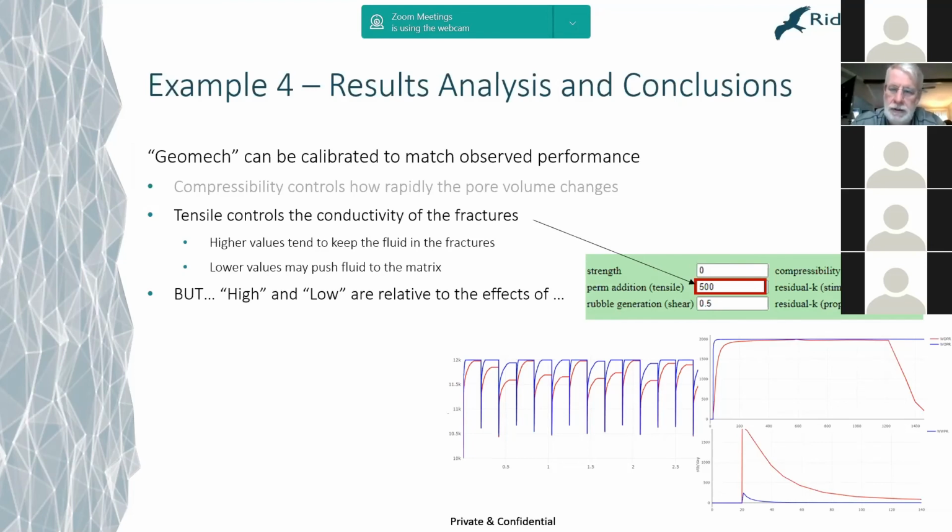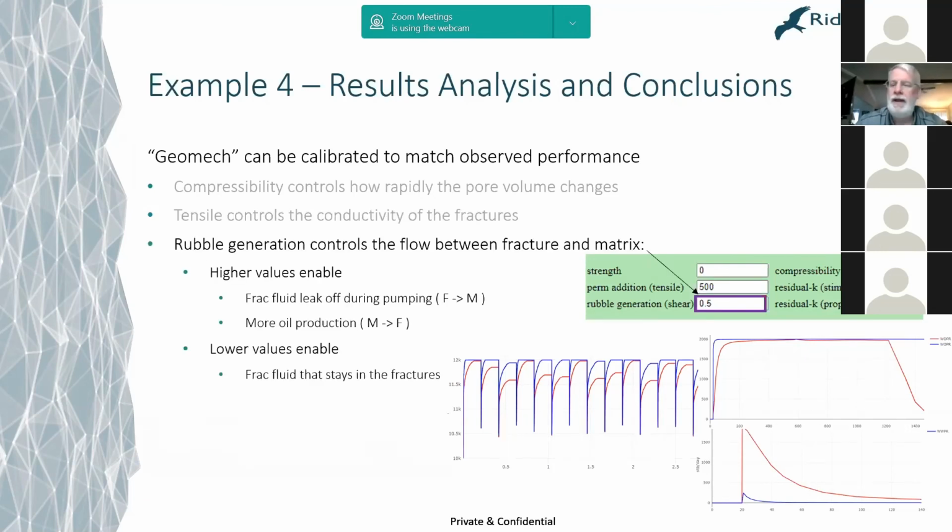So a lower value permeability addition is more likely to result in leak-off. Now, the leak-off itself is going to be controlled by this shear input that we're giving, where the higher the value, the easier it is for the fluid to leak off. The lower the value, the harder it is.